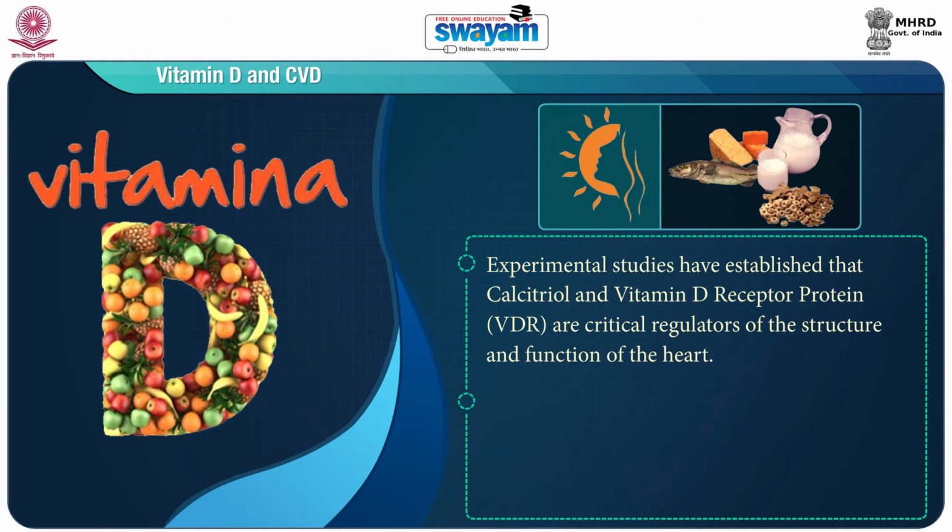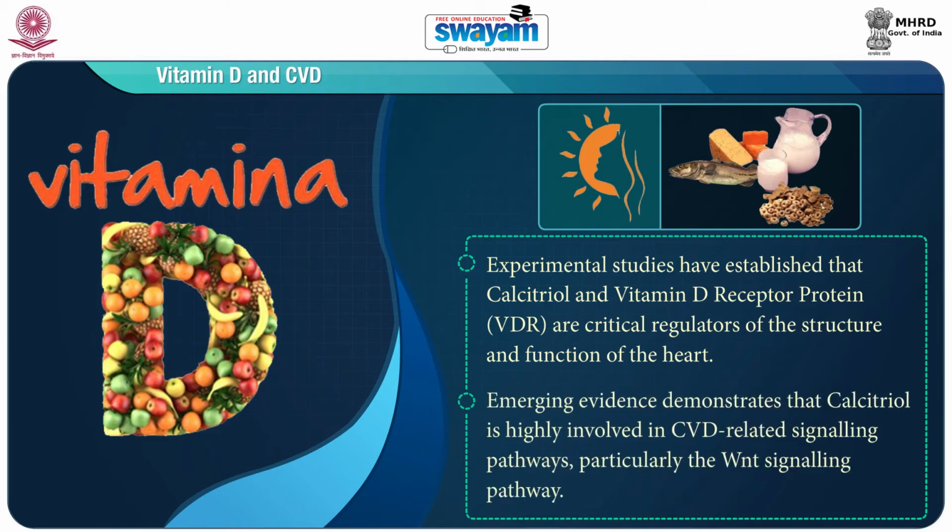Experimental studies have established that calciferol and vitamin D receptor protein are critical regulators of the structure and function of the heart. Emerging evidence demonstrates that calciferol is highly involved in CVD related signaling pathways, particularly the WNT signaling pathway.